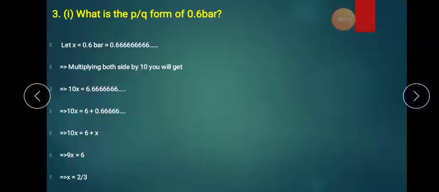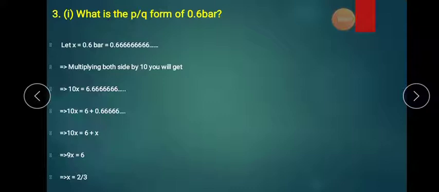Now this plus x will come to the left hand side to become minus. So 10x minus x will give you 9x, which is equal to 6. Or we can write x equal to 6 divided by 9.